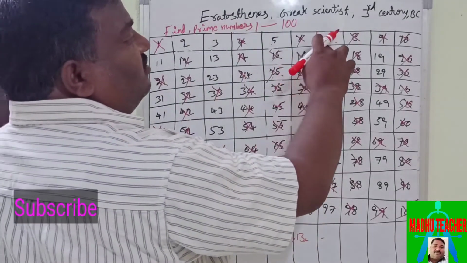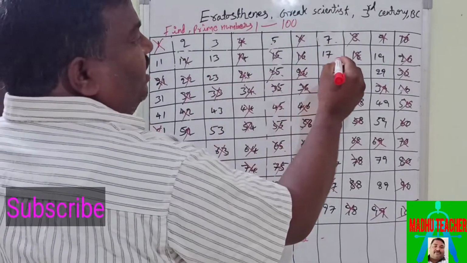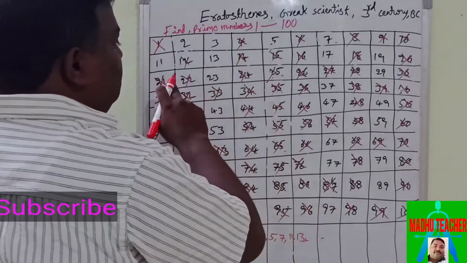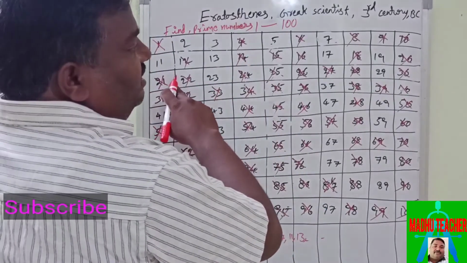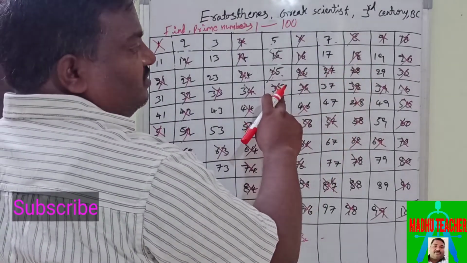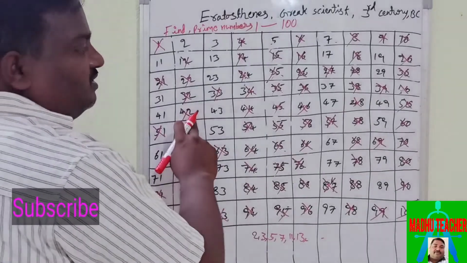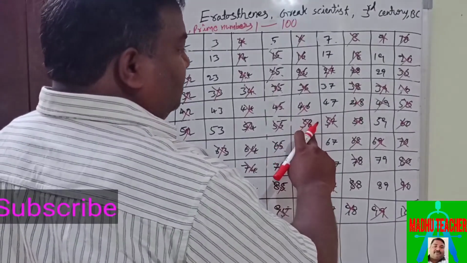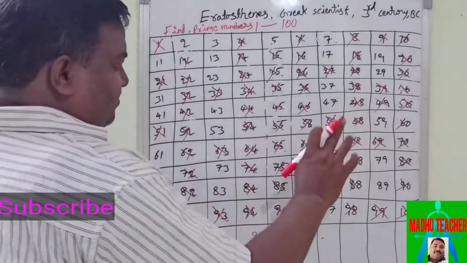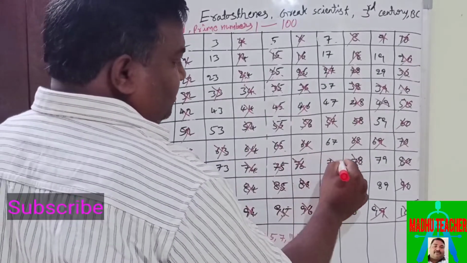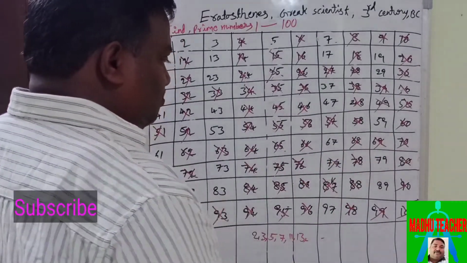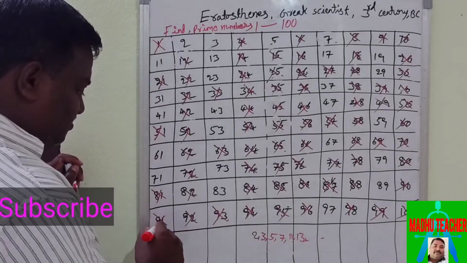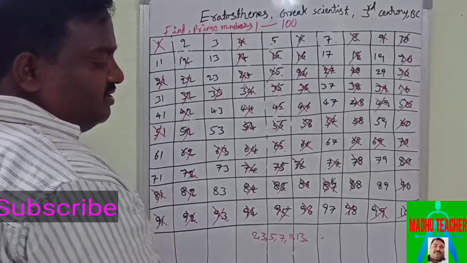Don't take 7 ones are 7. 7 twos are 14, already crossed out. 7 threes are 21, already done. 7 fours are 28, 7 fives are 35, 7 sixes are 42, 7 sevens are 49, 7 eights are 56, 7 nines are 63, 7 tens are 70, 7 elevens are 77, 7 twelves are 84, 7 thirteens are 91, 7 fourteens are 98.